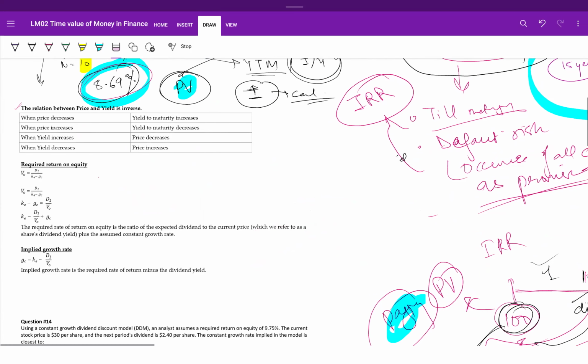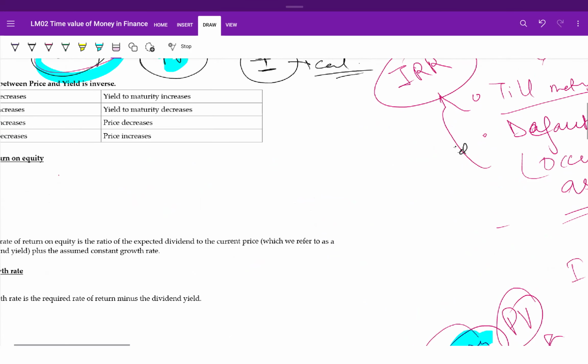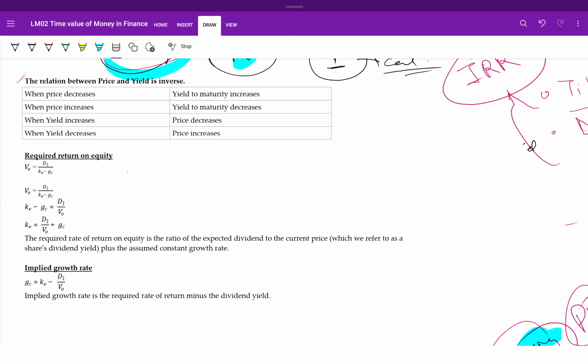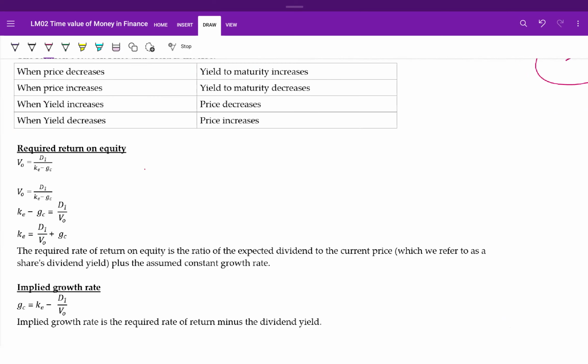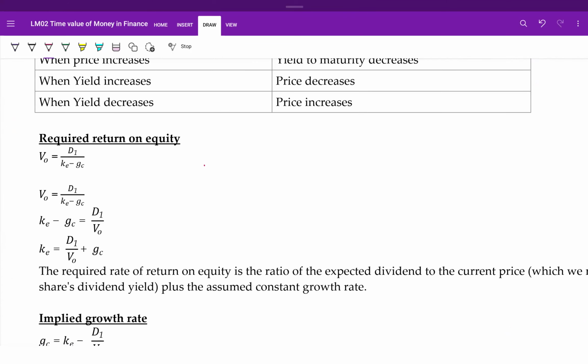Okay, so the implied rate of return. If we assume a constant rate, not a constant rate of return but of dividend, so let's assume the dividend is growing at a constant rate.